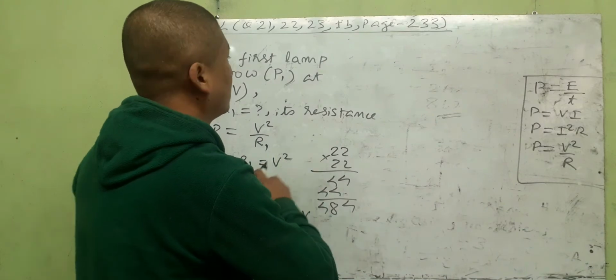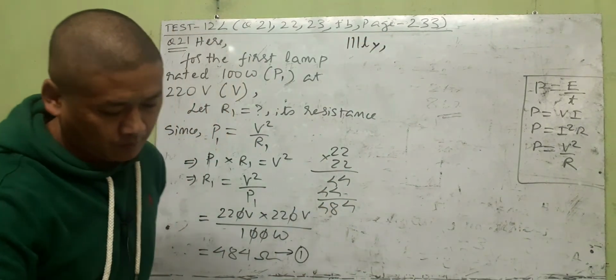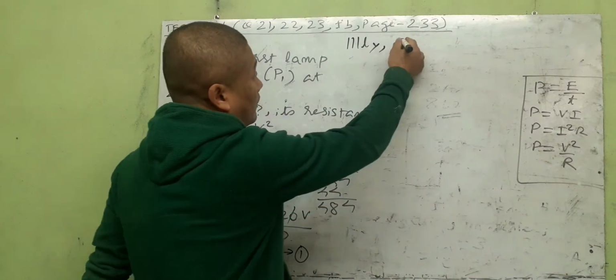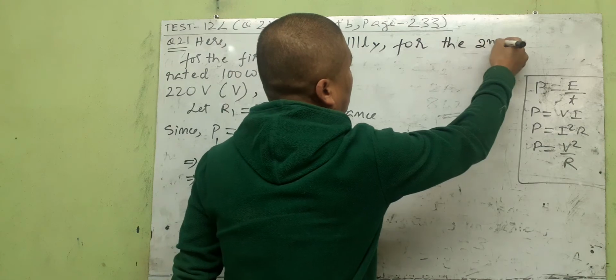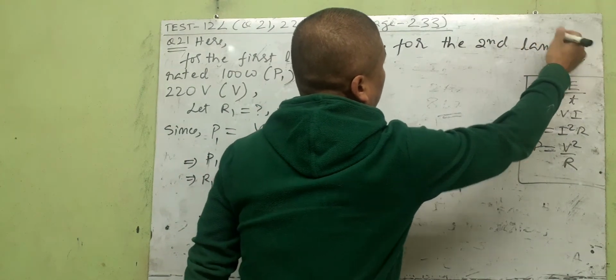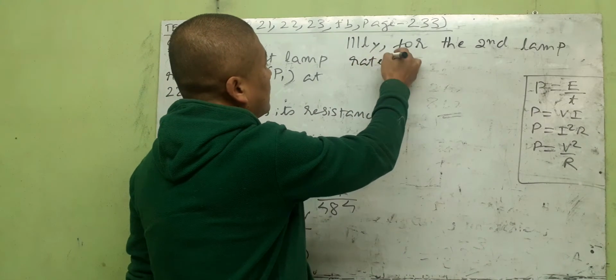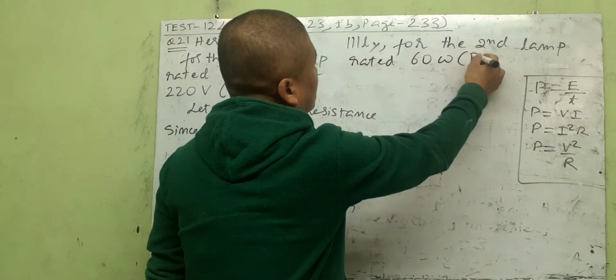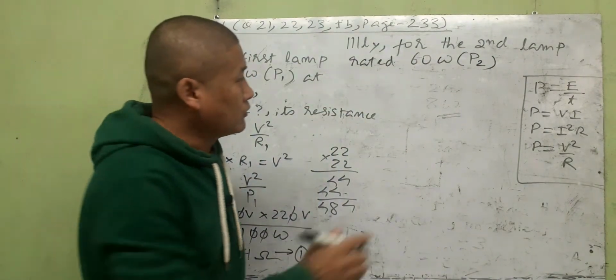Similarly, for the second lamp, there are two lamps, right? For the second lamp, as we read the question, rated, according to the question, 60 watt. Let us put this one as P2, because watt is the power, at 220 volts.